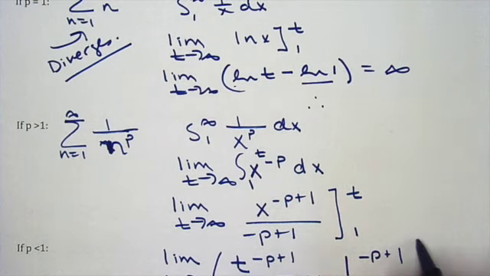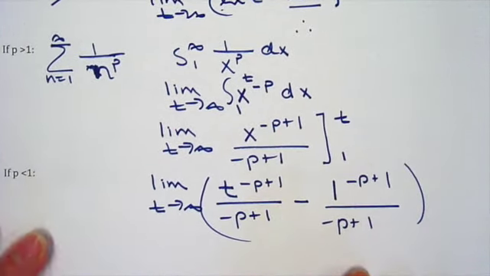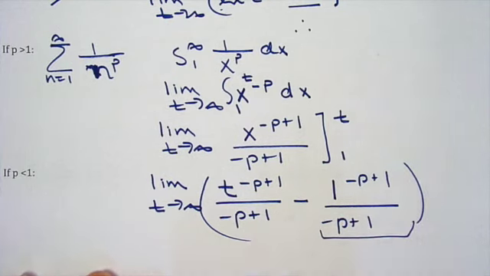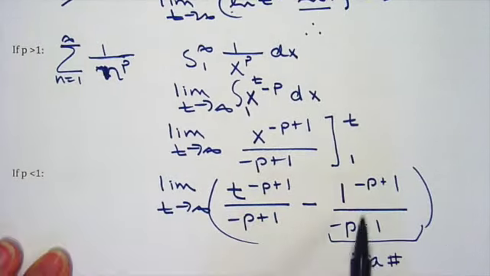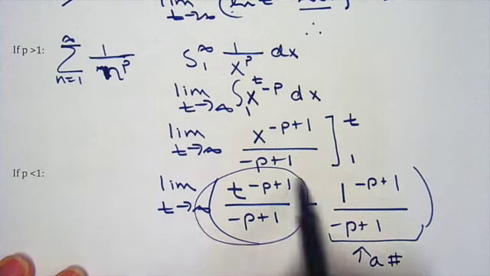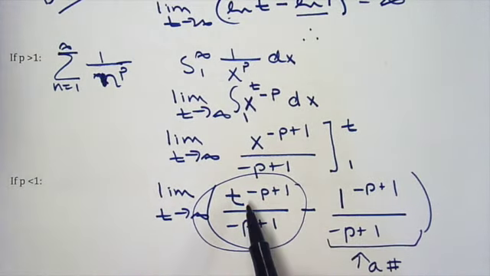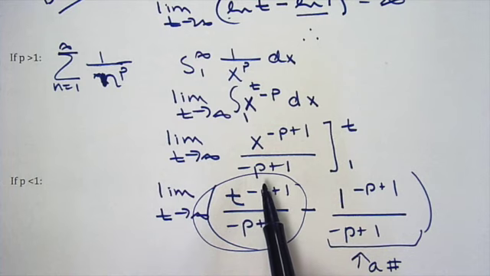Okay, now let's take this limit and see what happens. This part right here, regardless of what p is, this is going to be a number. It doesn't matter what the p-value is. For any p greater than 1, this will always be a number. This piece right here, when p is a number greater than 1, let's think about what happens. So let's pick a number bigger than 1. If I plug in like 3 here, notice you will have a negative exponent on the top when you add that 1.